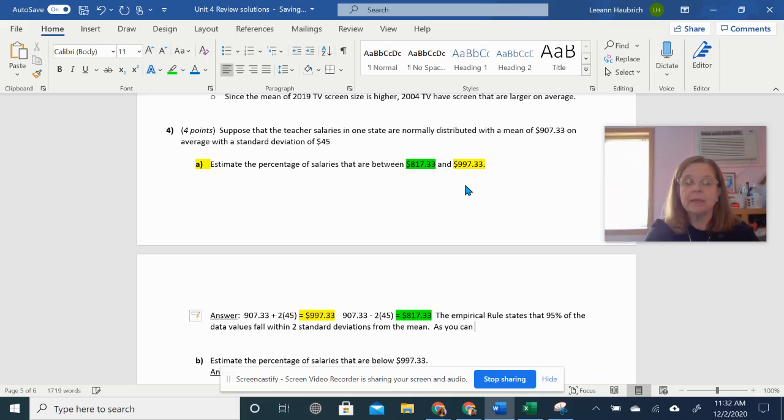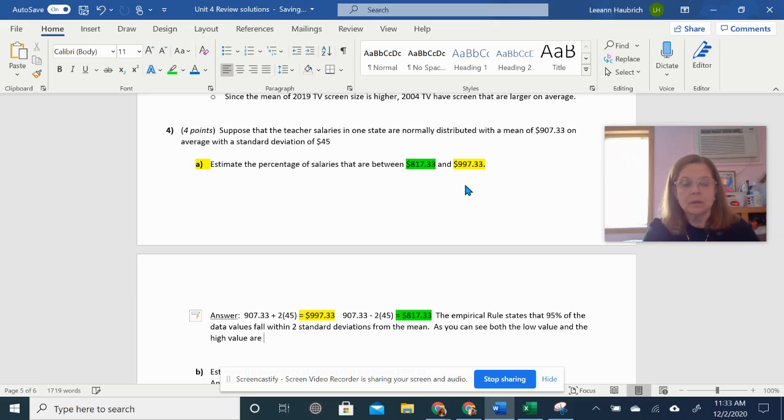As you can see, both the low value and the high value are 2 standard deviations from the mean.